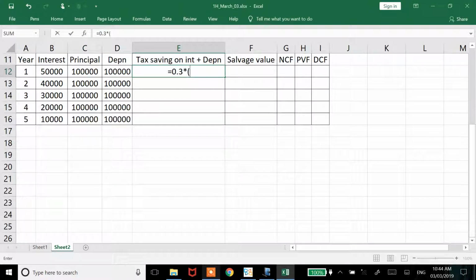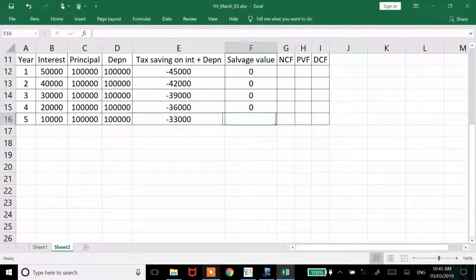So 0.3 into interest plus depreciation, 30% of interest and depreciation. I'll put it as negative. You can even write it as positive, but take care of the calculation. When you do the computation, you'll have to subtract this. Tax saving on interest and depreciation.